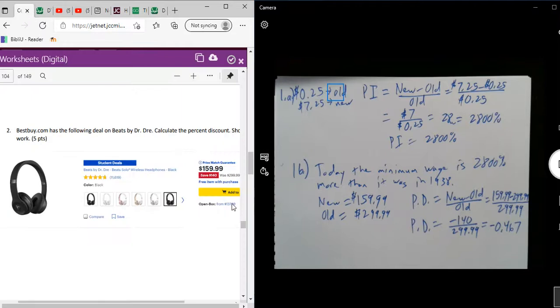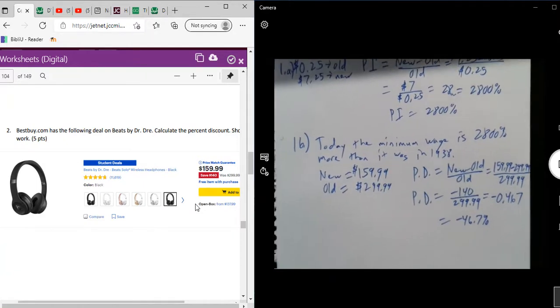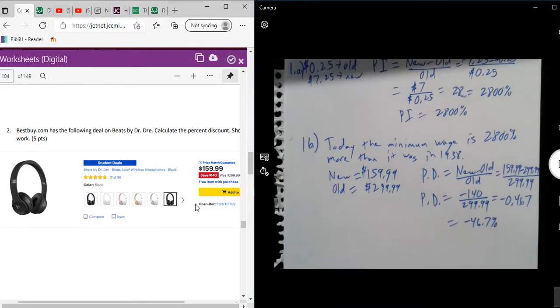All right, now we want to write this as a percent. It'll be negative 46.7%. Now remember, when we do percent decrease, we do not leave it as a negative. So the percent decrease will be 46.7%, because by it being percent decrease, we know it's going down.